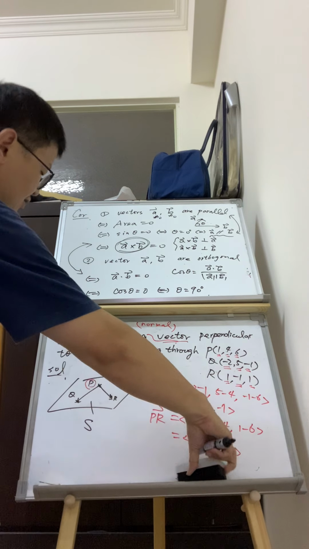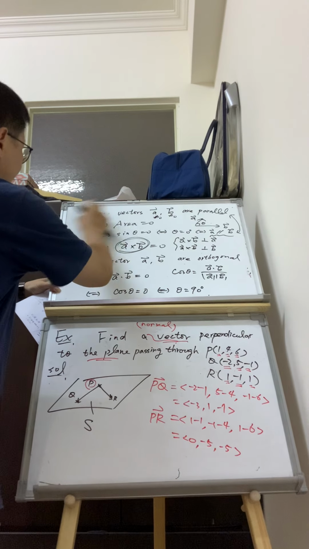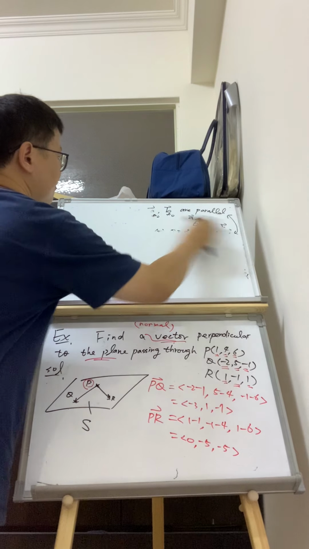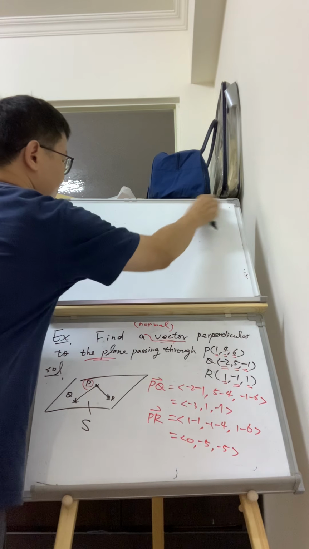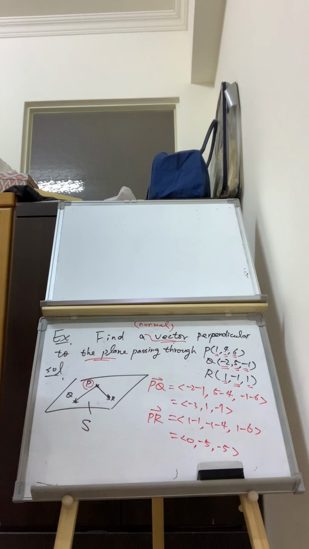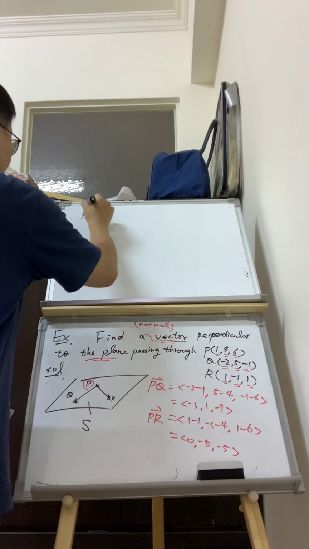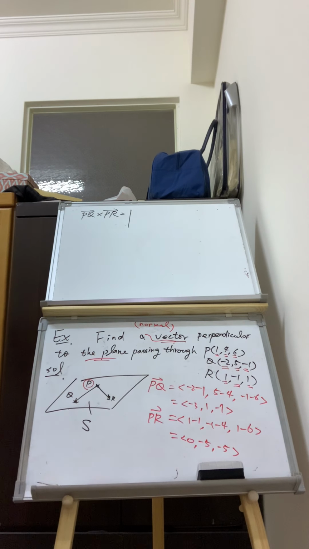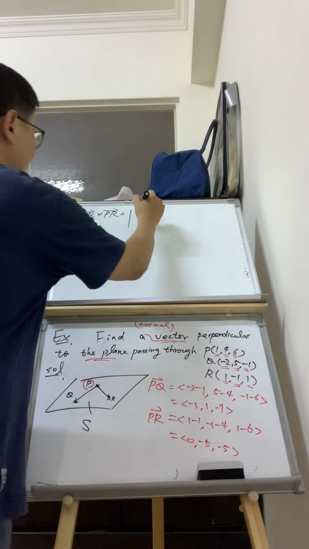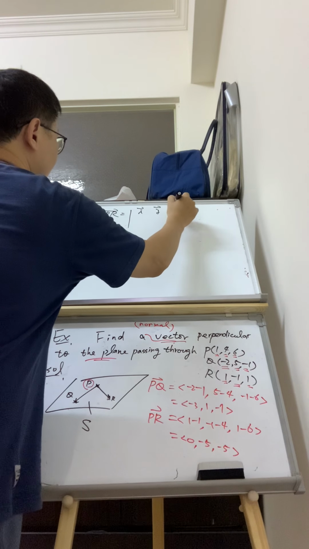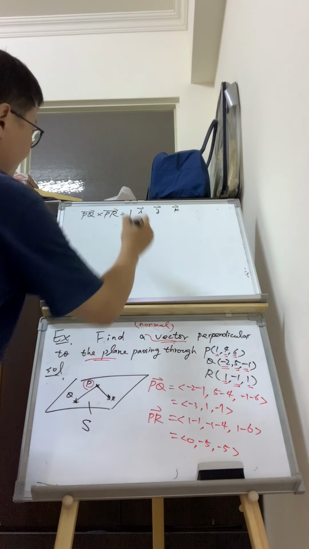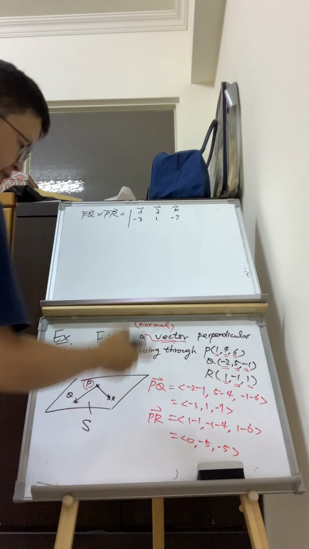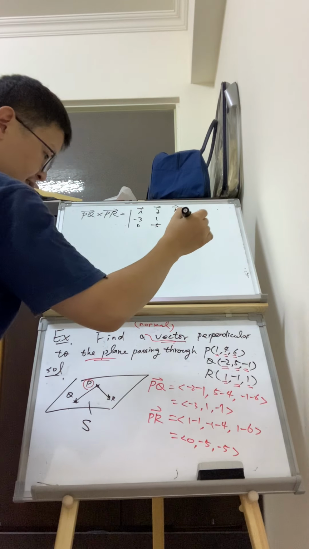So now we follow the definition of the cross product. We consider the cross product PQ times PR, and here we use the notation i, j, k, with PQ being negative 3, 1, negative 7, and PR being 0, negative 5, negative 5.